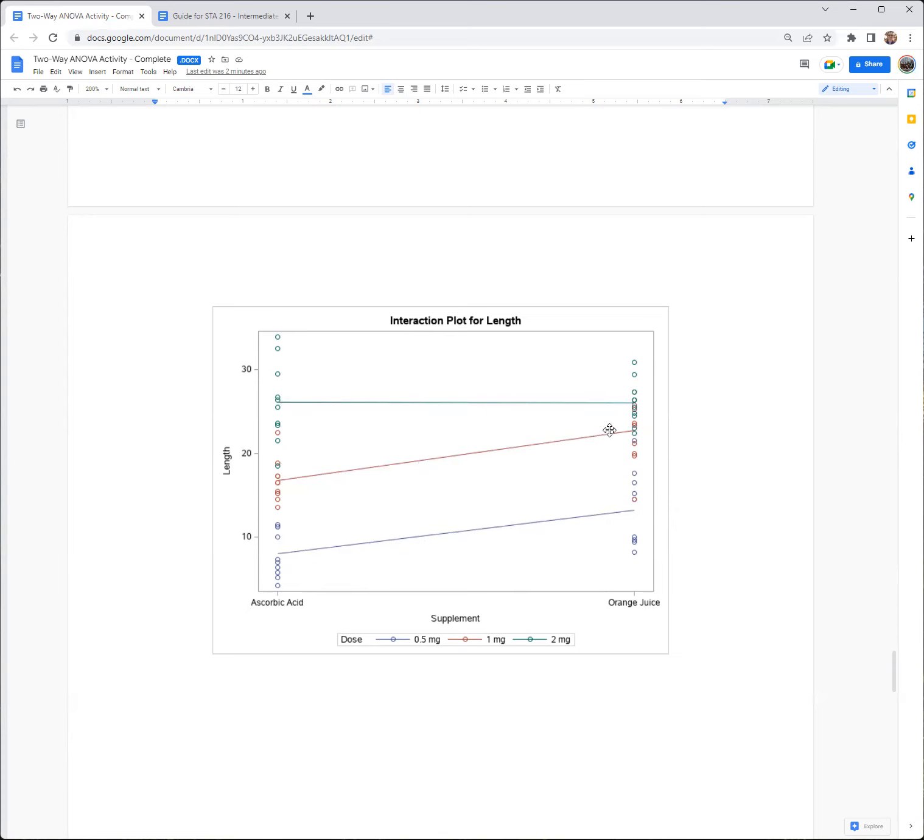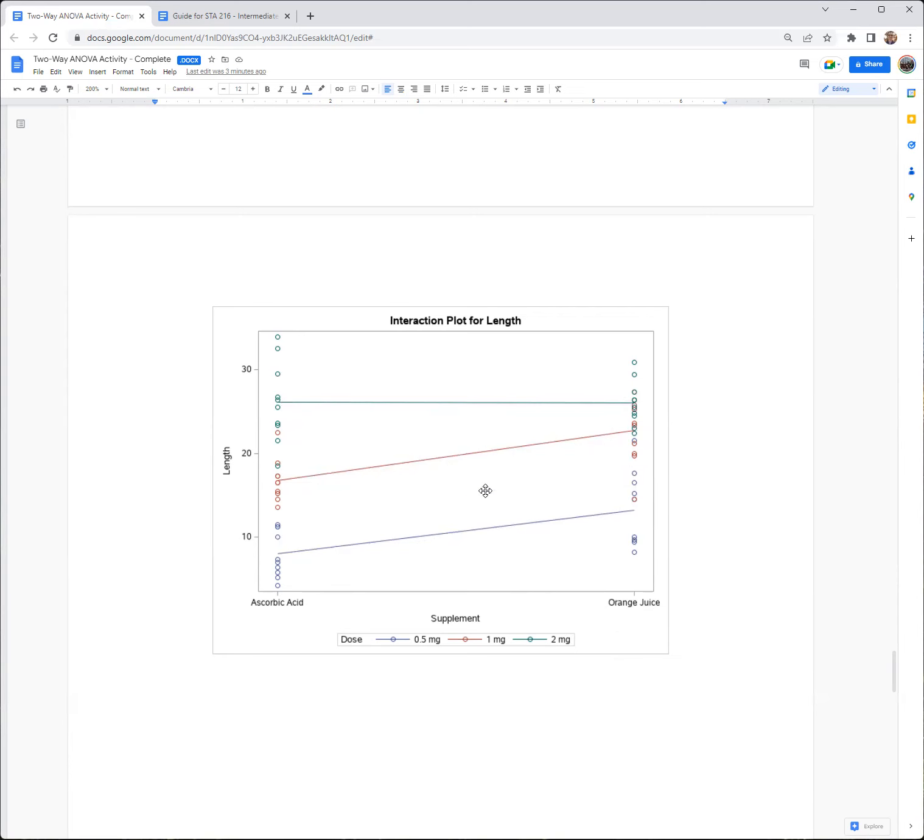If the angles of the lines differ for any segments on the plot, that suggests there's an interaction present. And sometimes the lines even cross, although they don't have to for there to be an interaction present. It just needs to be that the slopes or angles of the lines are not the same.